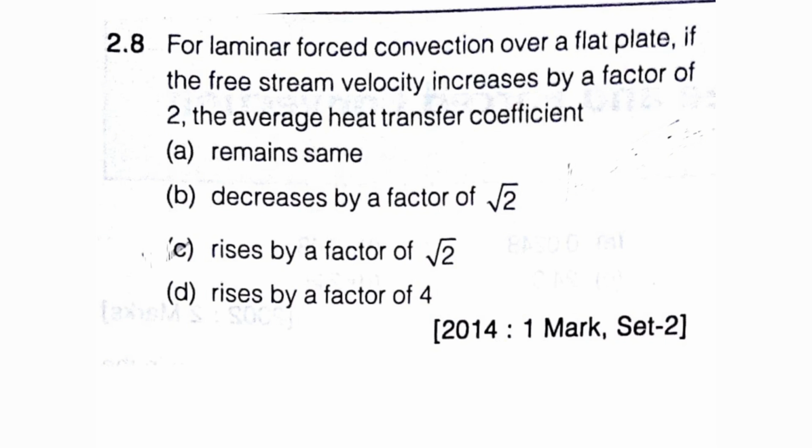For laminar forced convection over a flat plate, the free stream velocity increases by a factor of 2. The average heat transfer coefficient is given. Velocity is increasing by 2 times. How will the value of Hx increase or decrease? This is what we have to find.